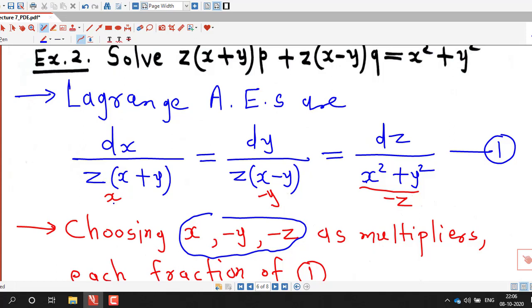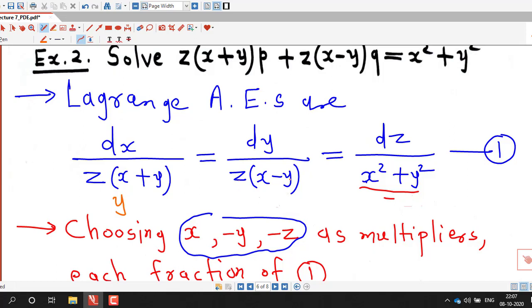Now suppose I start by multiplying with y, then what is my observation? Let me check. Okay, so now suppose I multiply this by y. So I will have x, y, z, and here I will have minus z into y, so that will cancel out.